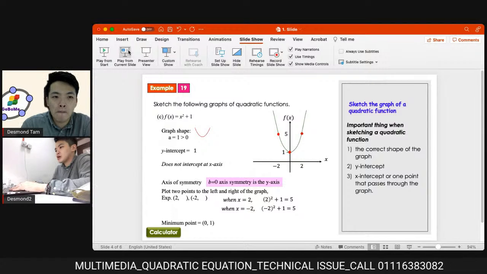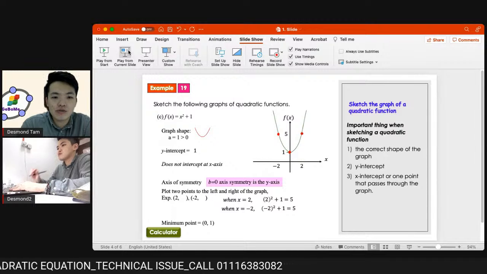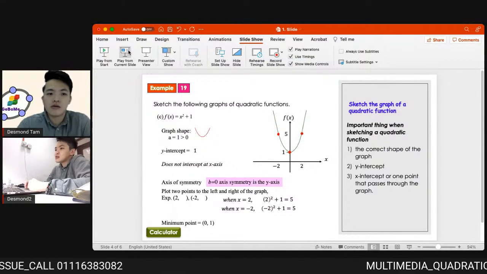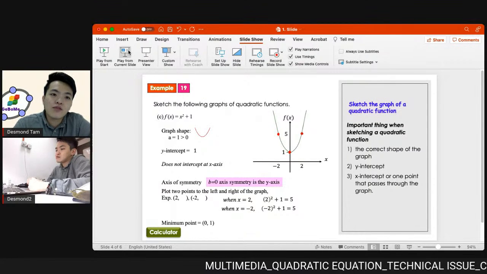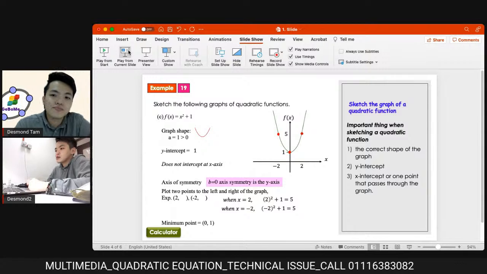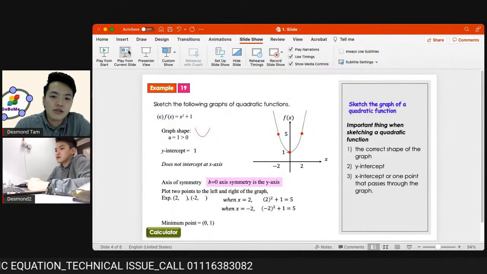Why? Because whenever we try to factorize it, we cannot get an answer. So it doesn't touch the x-axis in this case.